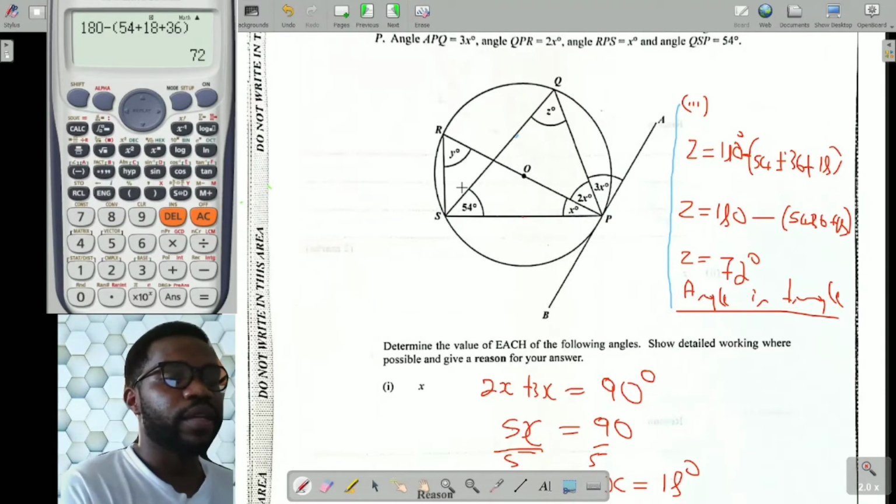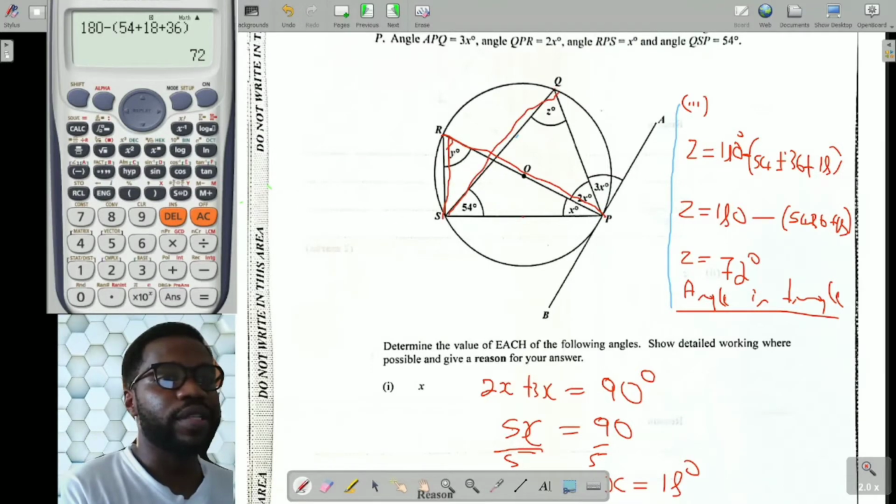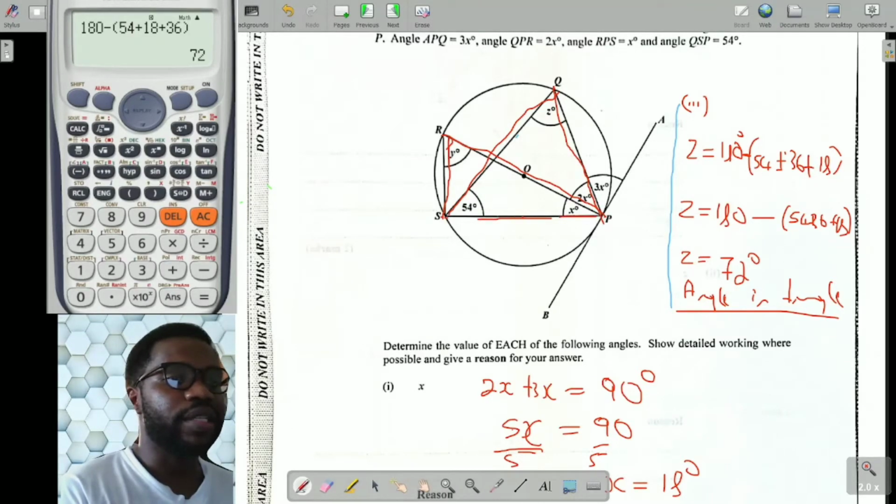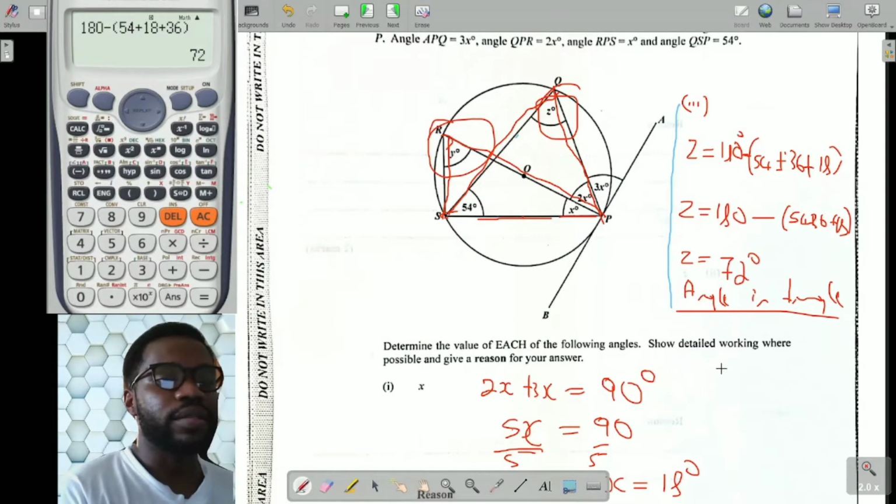Notice clearly that both of these angles right here are standing on the same arc, as you can see right here. So these two angles would actually be equal. So y is actually equal to z.